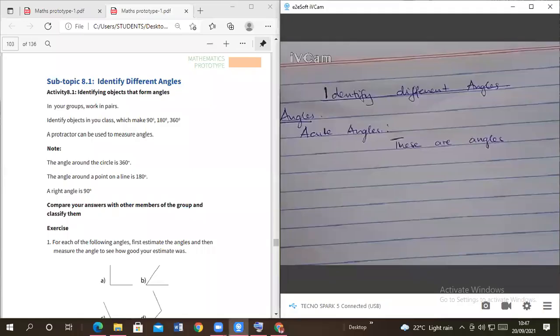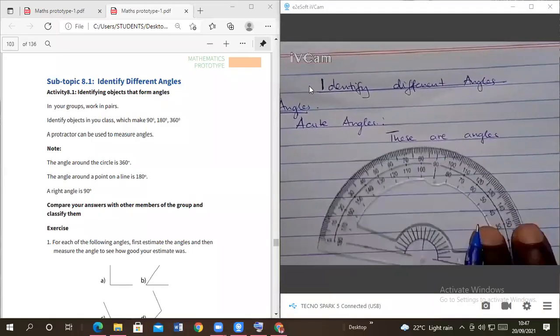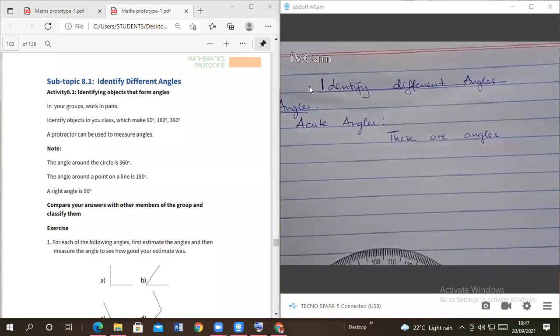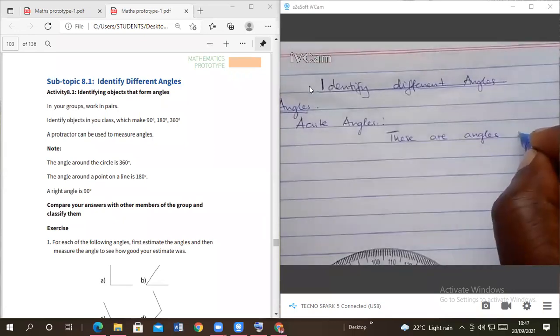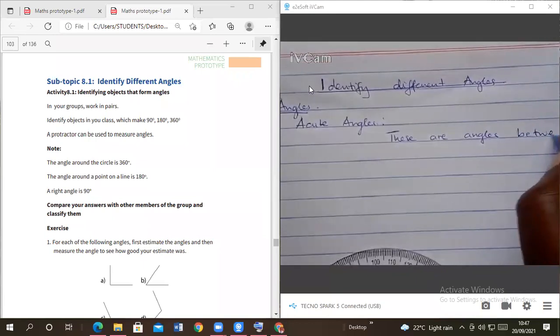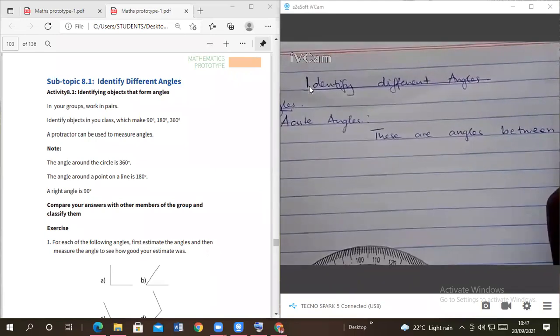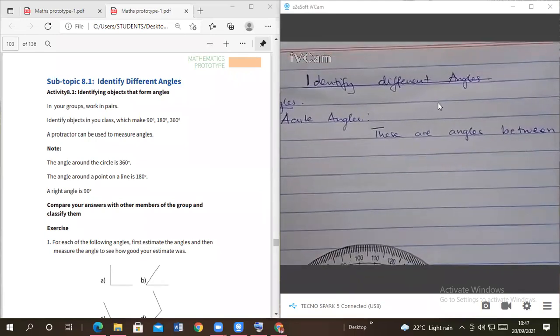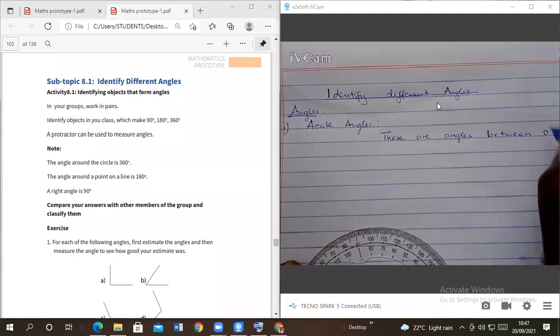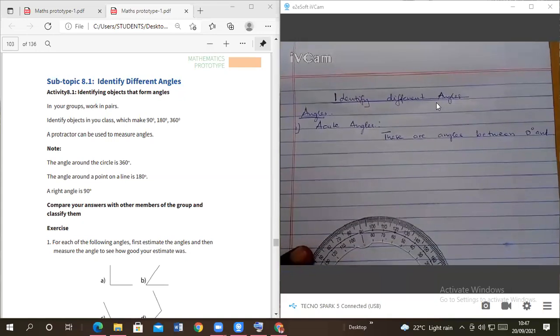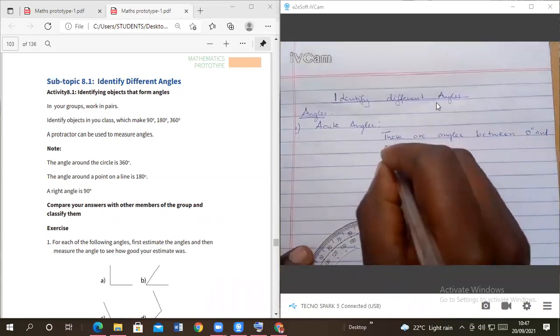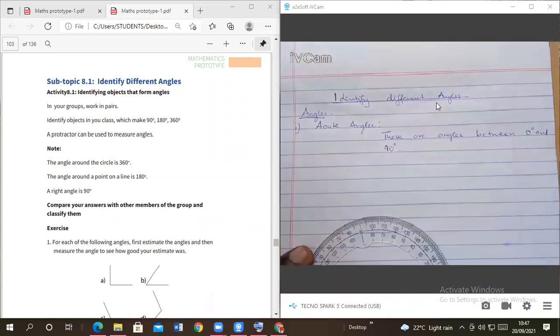These are angles between 0 and 90 degrees.